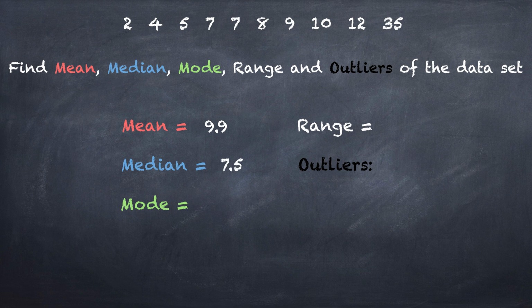The median is going to be 7.5 because the middle is 7 and 8, so 7 plus 8 divided by 2 is 7.5. In the mode, 7 occurs twice. No other number in the set occurs more than once. The range, 35 minus 2 is going to be 33. And then again, outliers, we find 35 is much bigger than any other number in the set, so 35 is going to be an outlier.